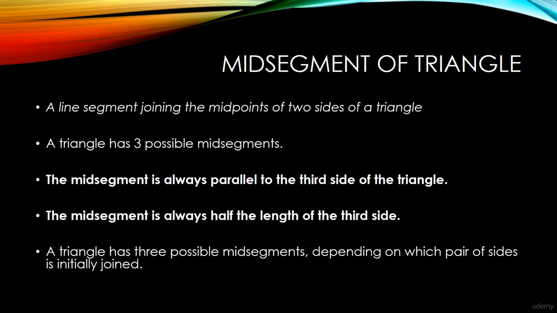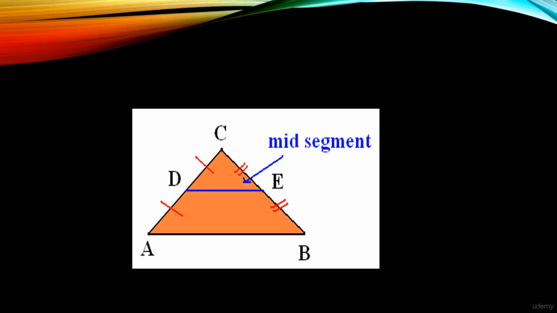The mid-segment is always half the length of the third side, and a triangle has three possible mid-segments depending on which pair of sides is joined. You can see the illustration for the mid-segment here.